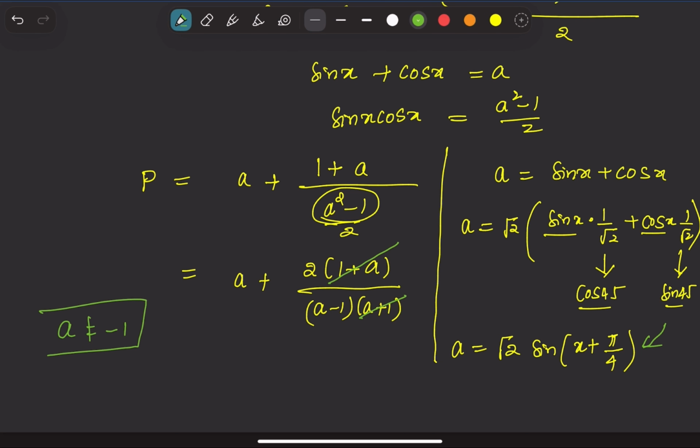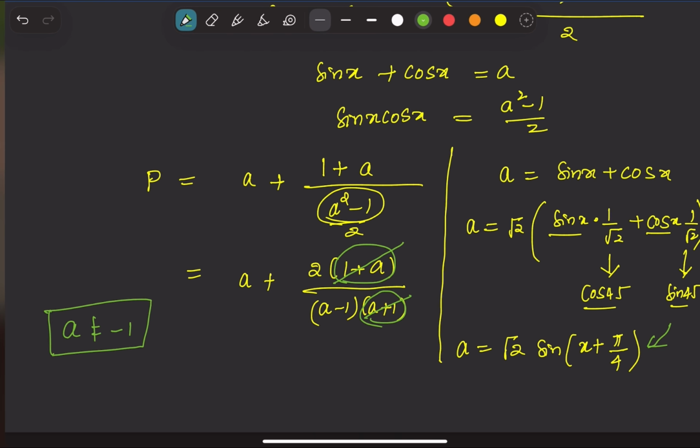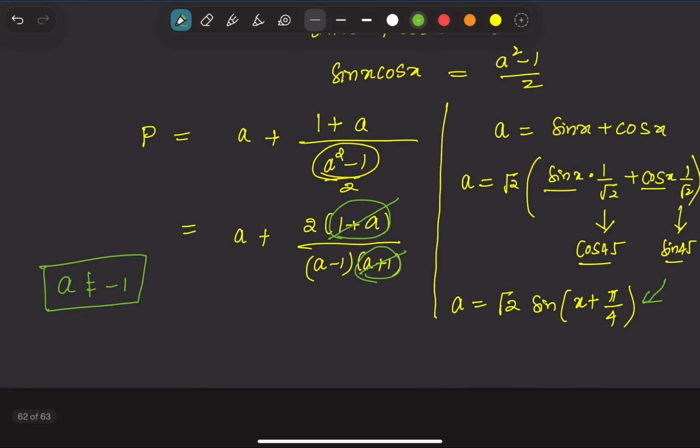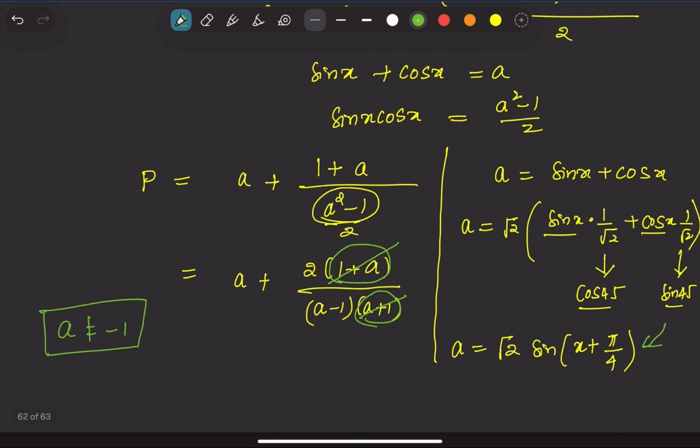If a is equal to minus 1, both this quantity and this quantity will be 0, and you will get a 0 by 0 form, which is an undefined form. So a should not be equal to minus 1. So let us say when a is equal to minus 1.